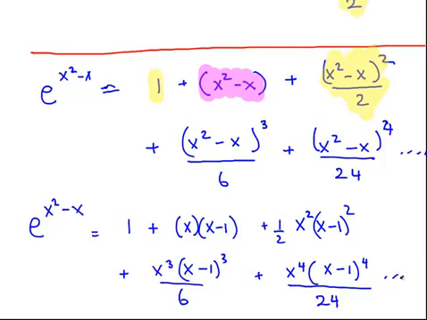I've only gone that far because if we go any further, we're not going to have any terms in. Well, we could actually, but essentially the law of diminishing returns is now starting to apply. So that's as far as you can go.